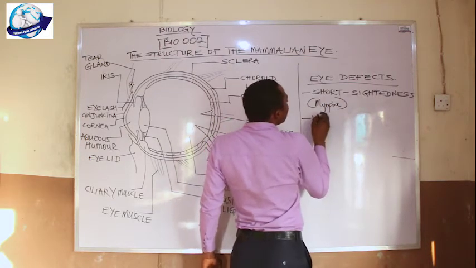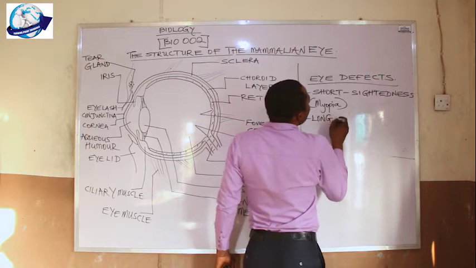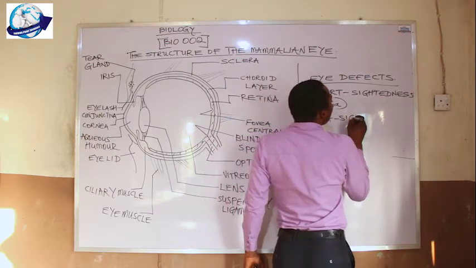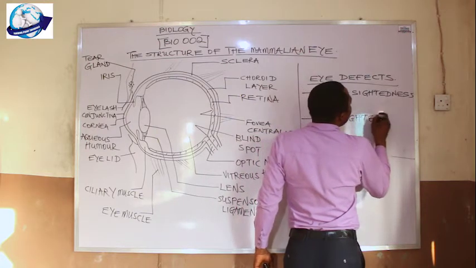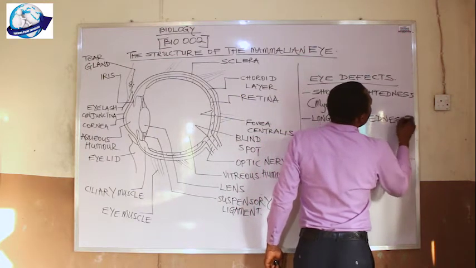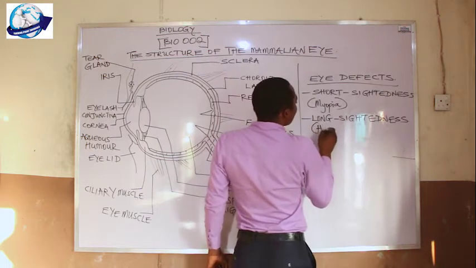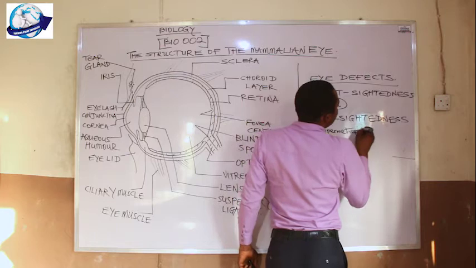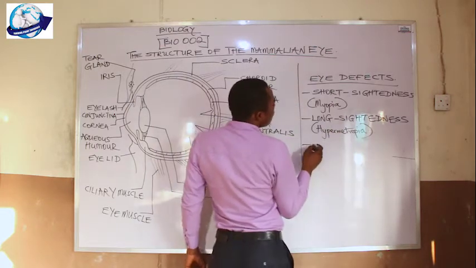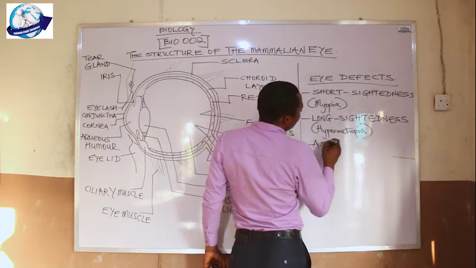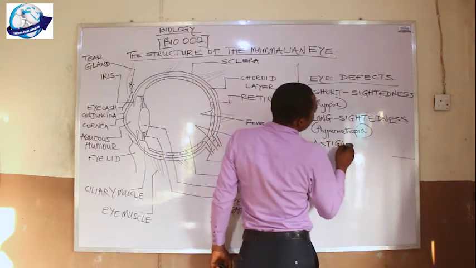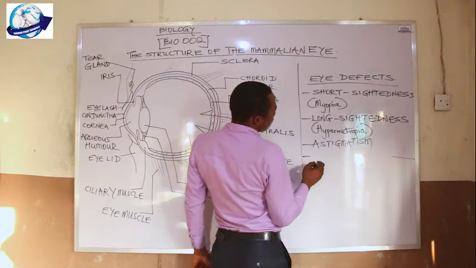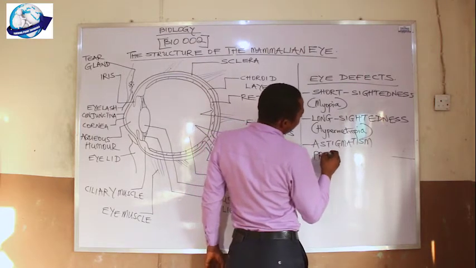The long-sightedness is also known as hypermetropia. The other one is astigmatism, and the other one to look into is presbyopia.